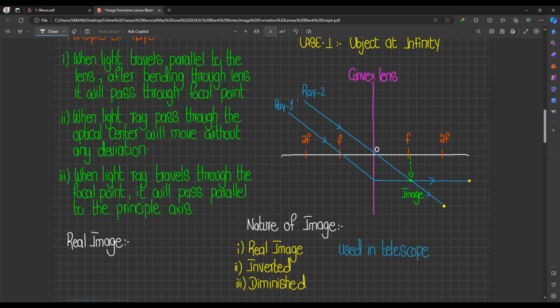The concept of real images: when an image is obtained on the screen.